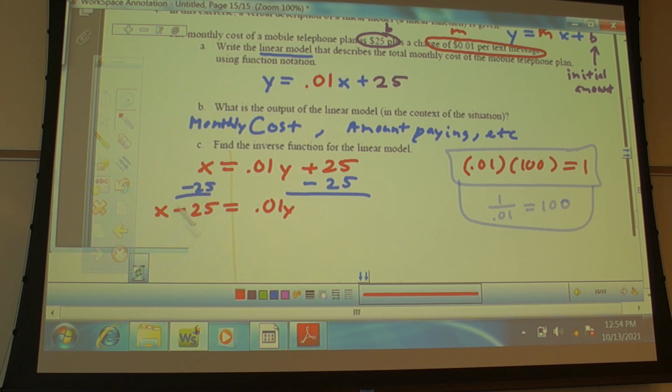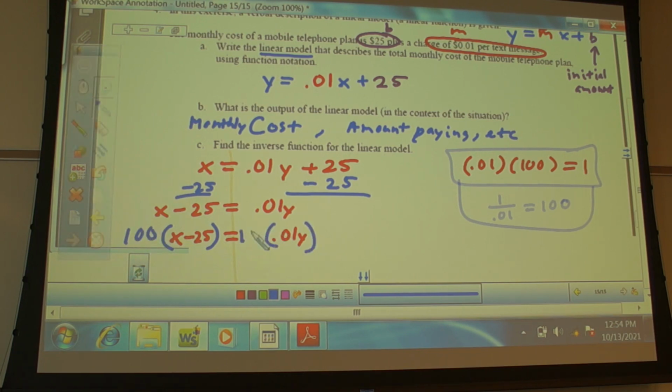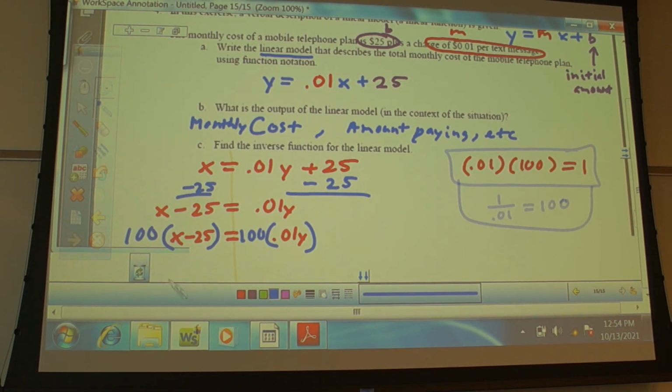Then I need to multiply both sides by 100. So I'm going to multiply this whole side by 100, and this whole side by 100. And I know if I multiply 100 times 0.01, I'll get 1.